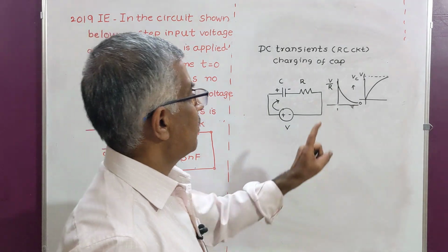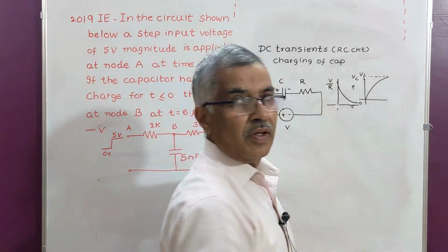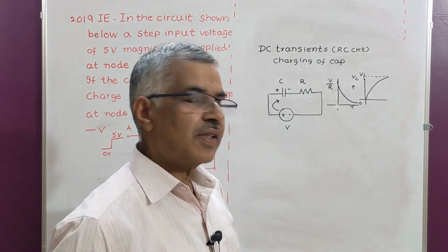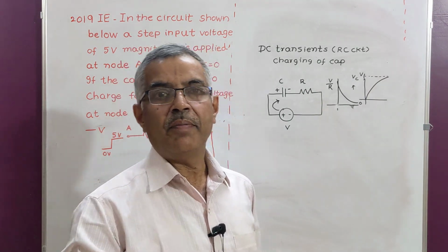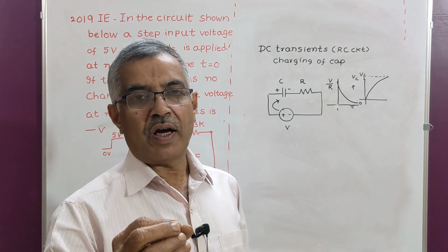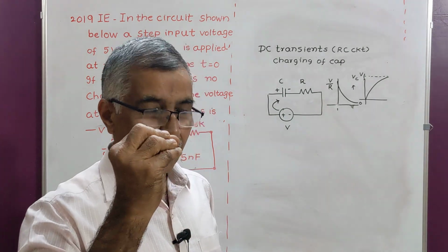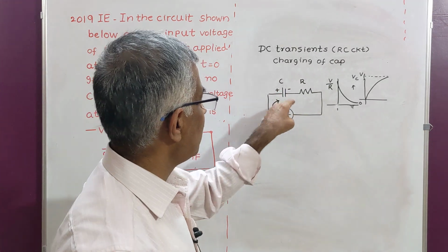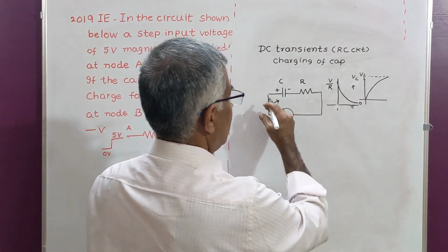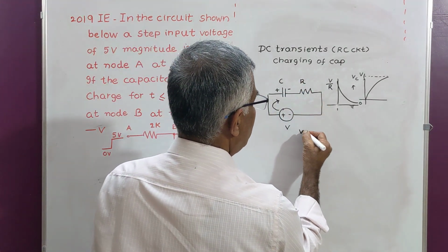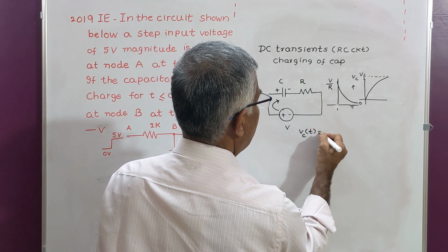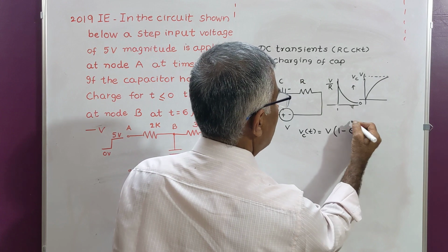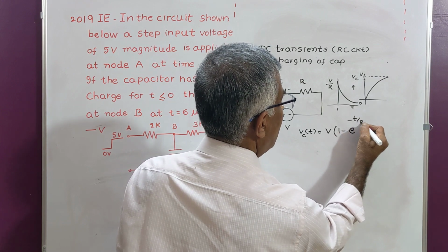Students must know the equation for capacitor voltage. In the GATE examination, you will not have time to derive. You compulsorily have to remember a few equations. One such equation, in this situation, is that the voltage across the capacitor is given by V into 1 minus e to the power of minus t by RC.